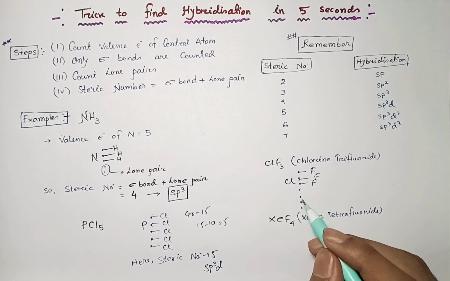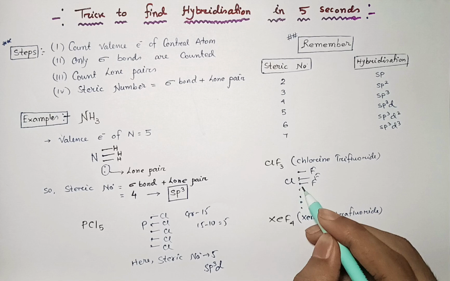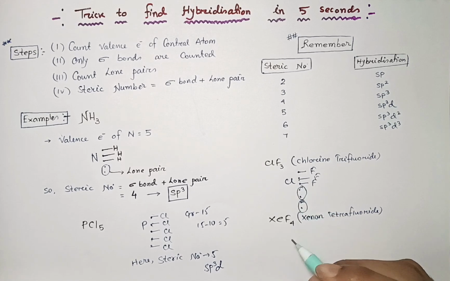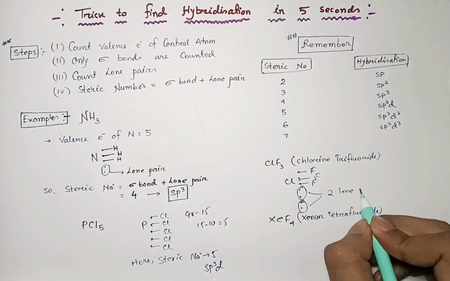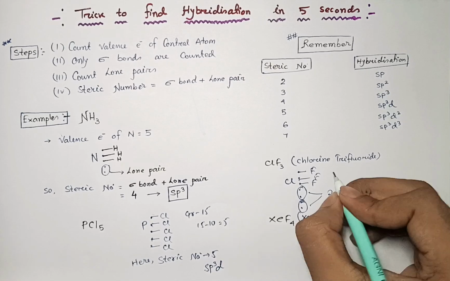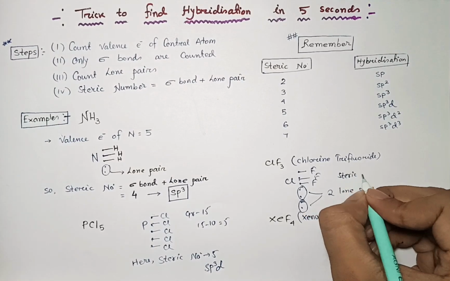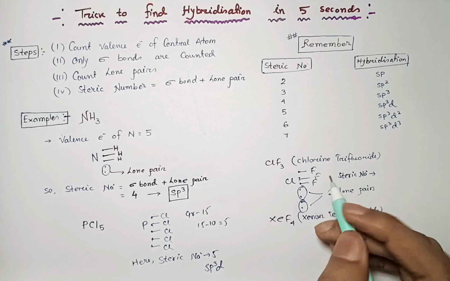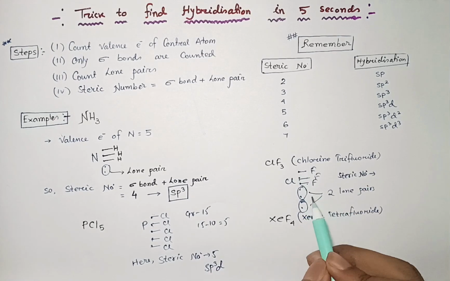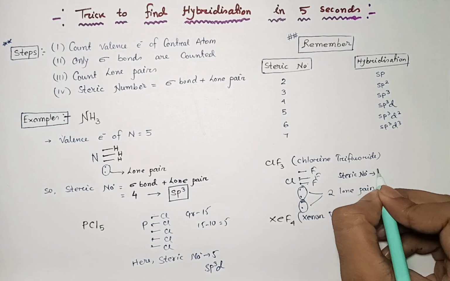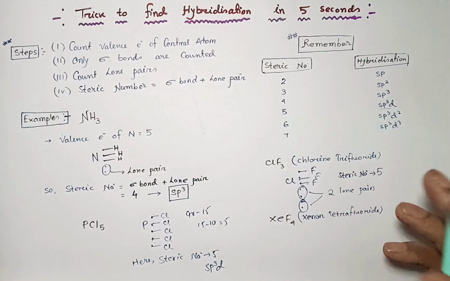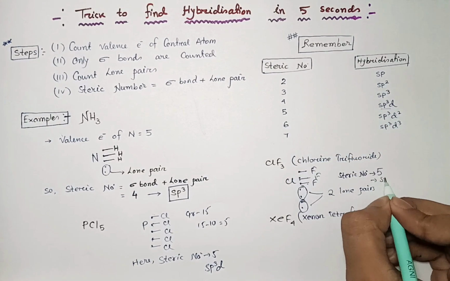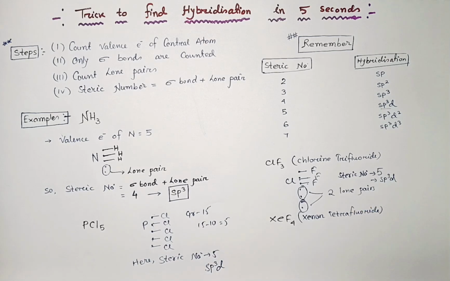These 4 valence electrons constitute 2 lone pairs. So one lone pair here, another lone pair here. So there are 2 lone pairs. For the steric number, there are 3 sigma bonds, 1, 2, 3, and there are 2 lone pairs. So the steric number is 5, and for the steric number 5 we have sp3d. So the hybridization is sp3d. So this is a trick basically.